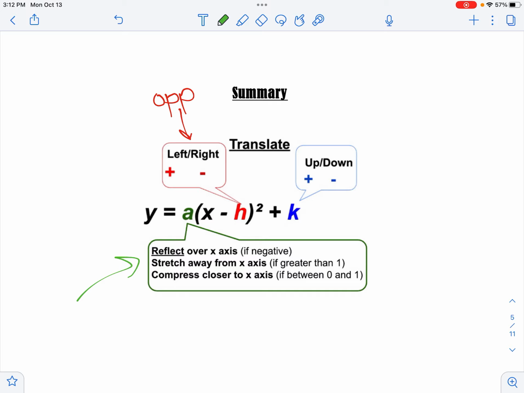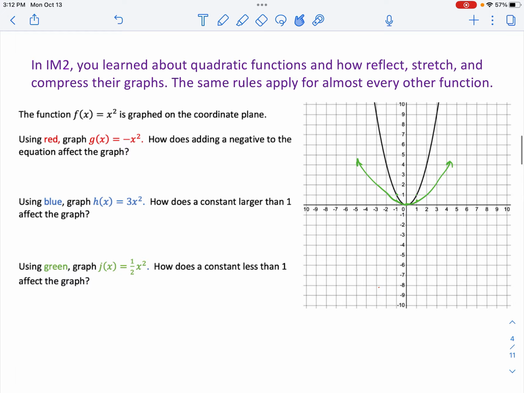Okay, and if it's greater than 1, then it stretches it vertically, and what that will mean is it pulls it away from the x-axis. If the number is between 0 and 1, it's a compression, and it should push it closer to the x-axis, kind of like we just did here with this green one. It pushes it closer to the x-axis.